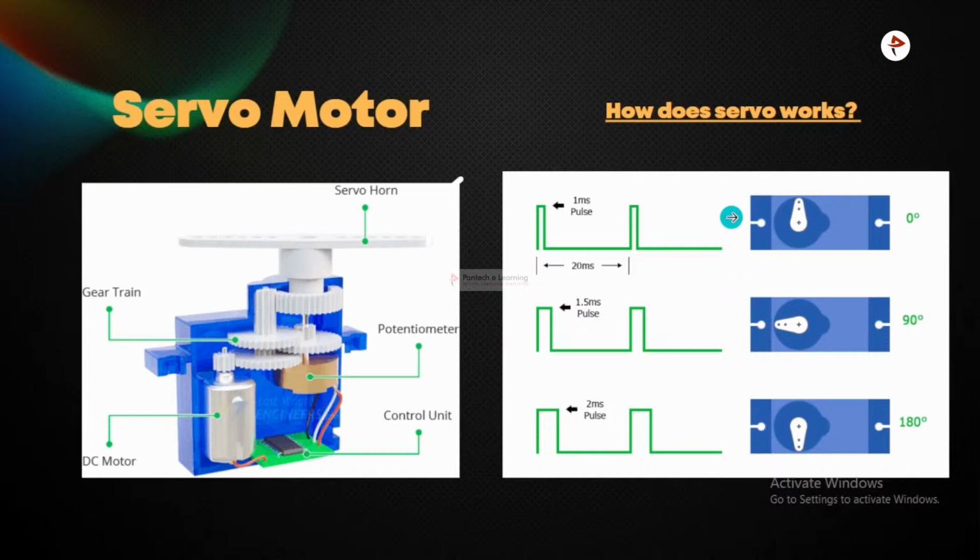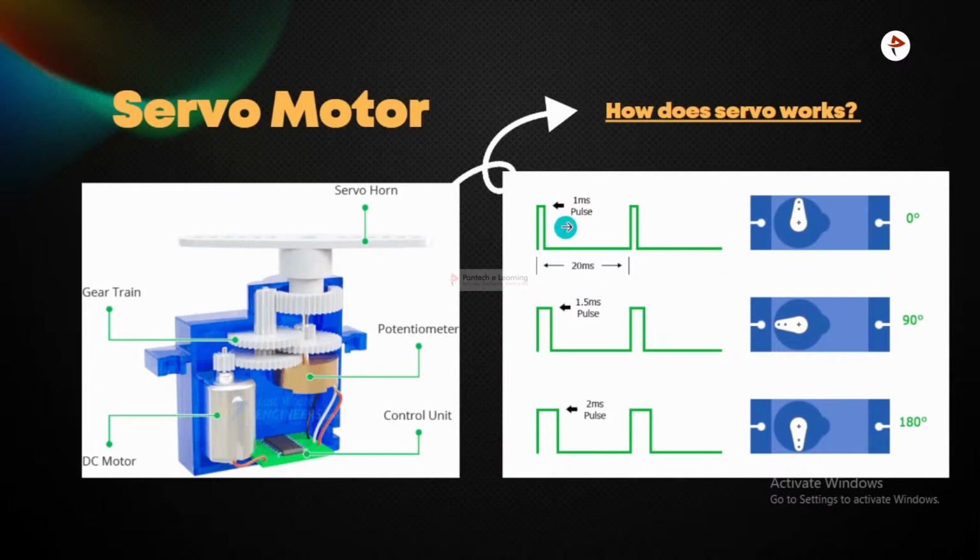So how does a servo motor work? You can control the servo motor by sending a series of pulses to it. A typical servo motor expects a pulse every 20 milliseconds. So here, the signal should be 50 Hz. The length of the pulse determines the position of the servo motor.